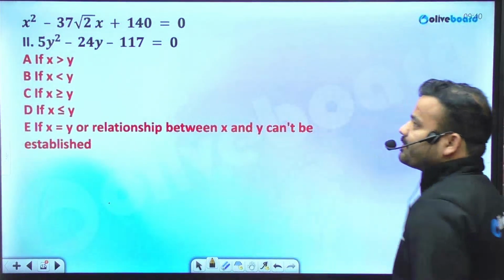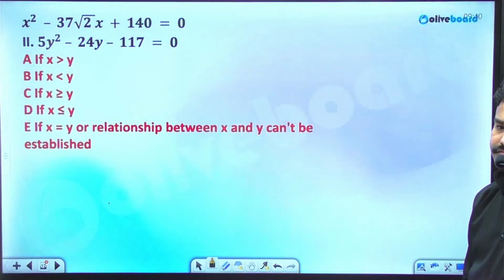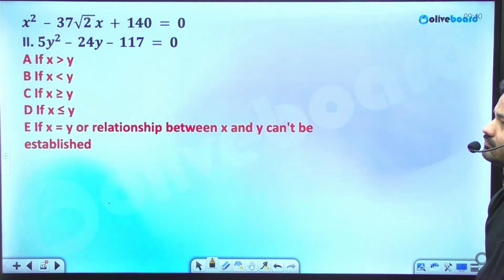This is quadratic pattern. x square minus 37 root 2 x plus 140 equals 0. 5y square minus 24y minus 117 equals 0.